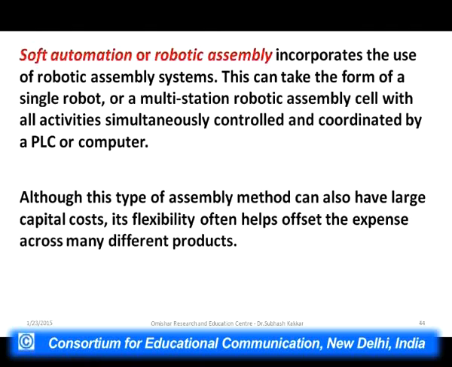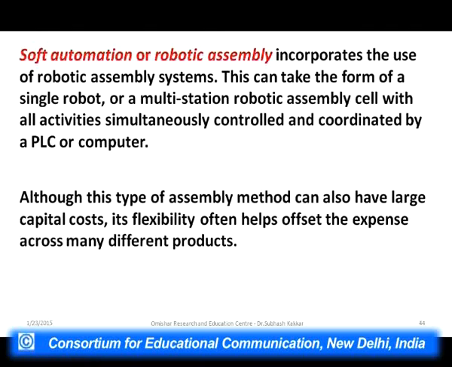This can take the form of a single robot or a multi-station robotic assembly process or robotic assembly cell with all activities simultaneously controlled and coordinated by a PLC or a computer. PLC is programmable logic control.